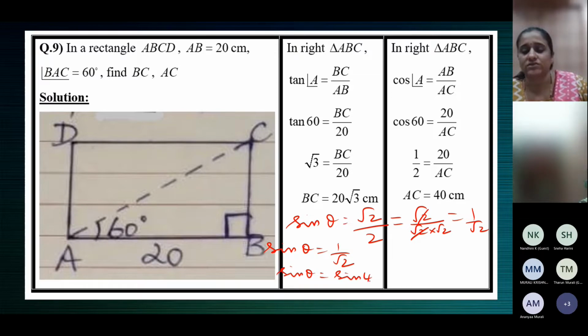Sin 45 degrees is 1 by root 2. So theta is equal to 45 degrees. So when you know two sides, you can find the angle. In a trigonometric ratio, there is one acute angle and two sides, three quantities. If you know any two of them, you can find the third one.